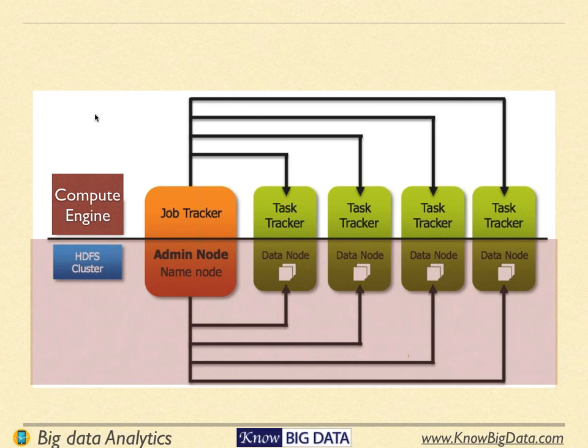Now job tracker will figure out which are the nodes near to the data. Why? Because transferring the data is really, really horribly slow. So if the logic is executed on the same machine, then it'll be really faster.